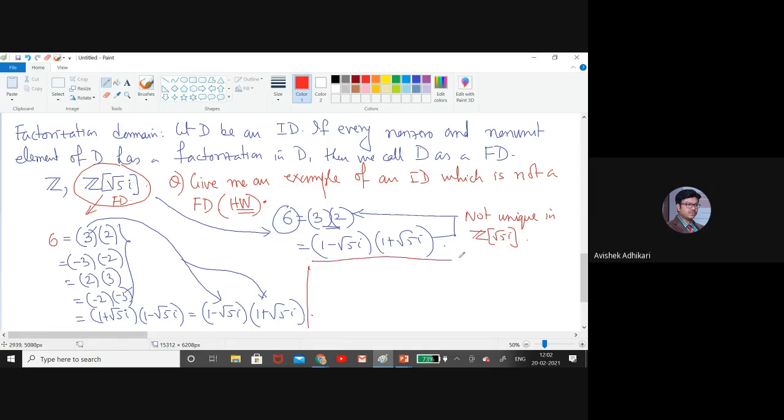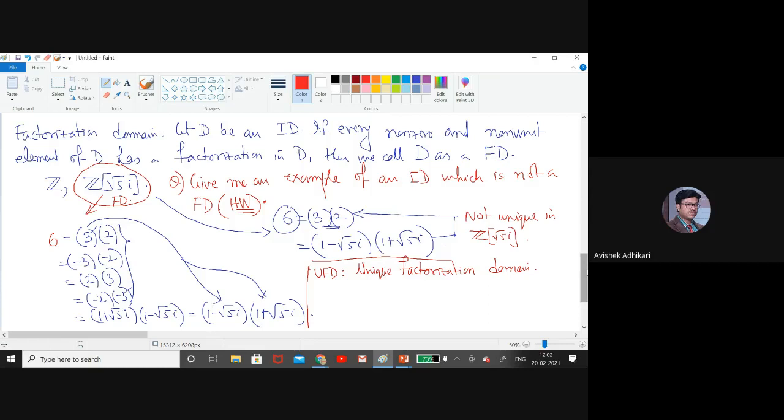So what do we mean by UFD? That is unique factorization domain. And now you can understand what we mean by unique. How is uniqueness defined? Uniqueness is defined in terms of the associates and the units.